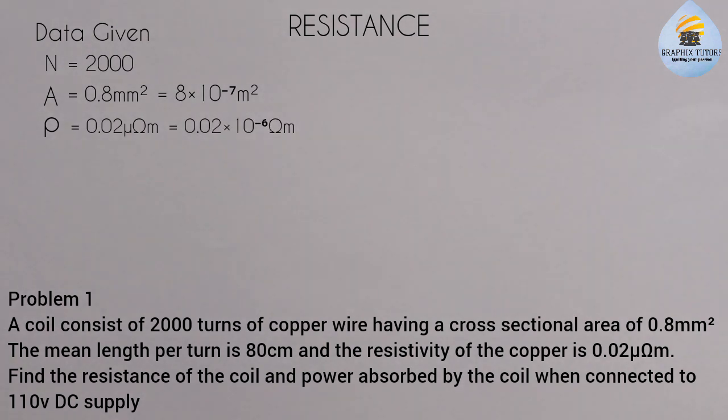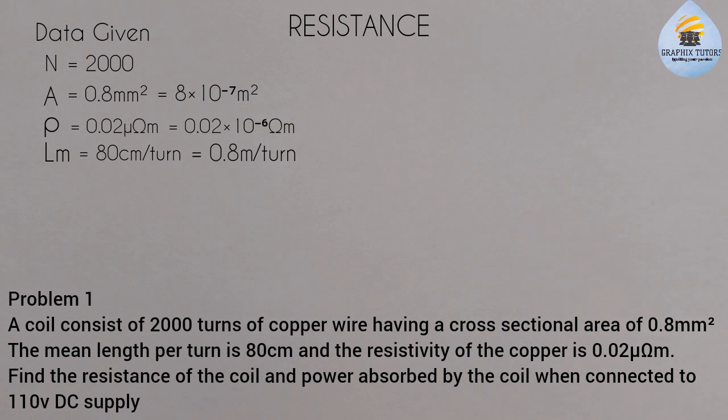Then the next thing we have here is the mean length, and the mean length per turn is given to be what? 80 centimeter. Know fully well that is not the total length, that is the length per turn. Now if you convert the 80 centimeter into meter, you divide it by 100, and we'll be having 0.8 meter.